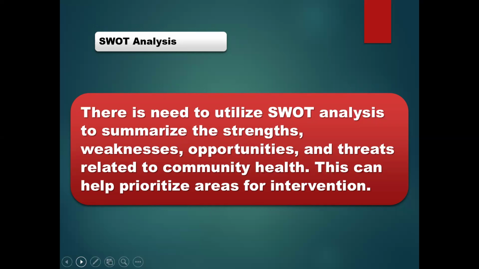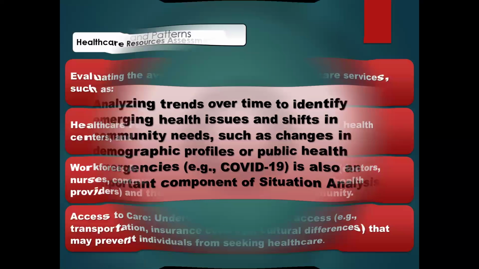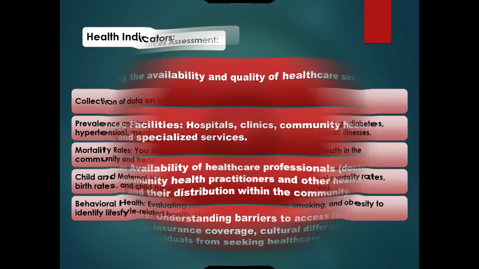In another situation analysis too, you have to do SWOT analysis. So there's need to utilize SWOT analysis to summarize the strengths, weaknesses, opportunities, and threats related to the community health. This would help you prioritize areas of intervention. Which area can you intervene immediately? So all of these form the components of situation analysis.